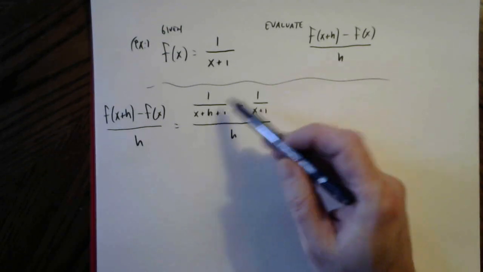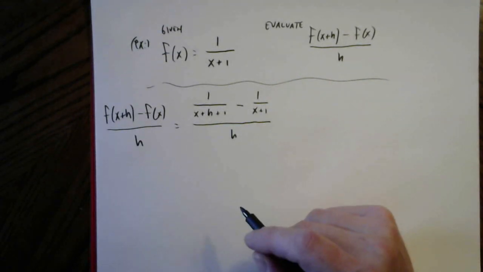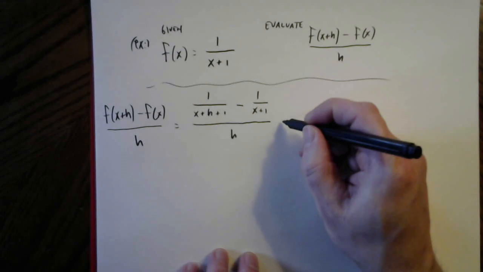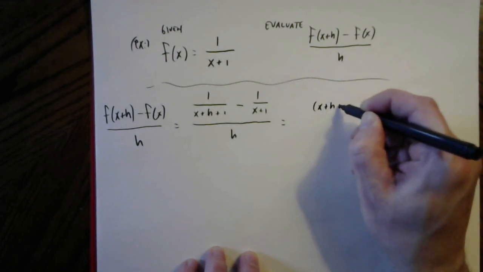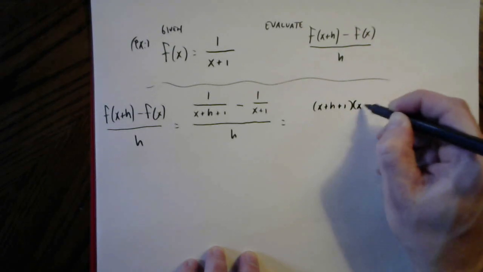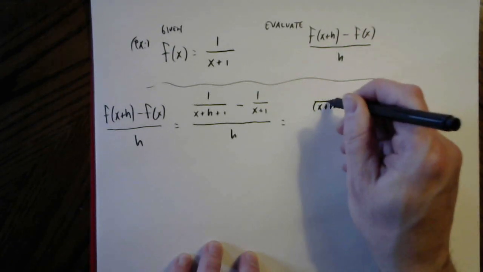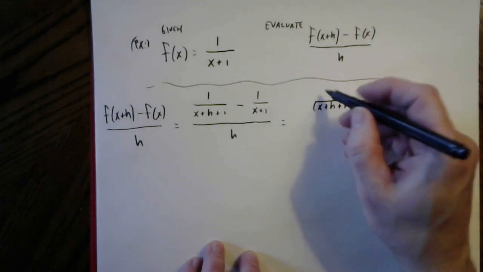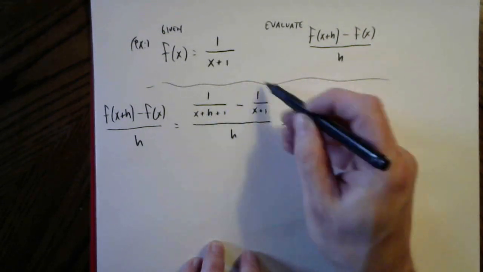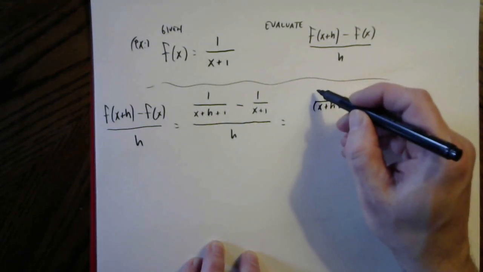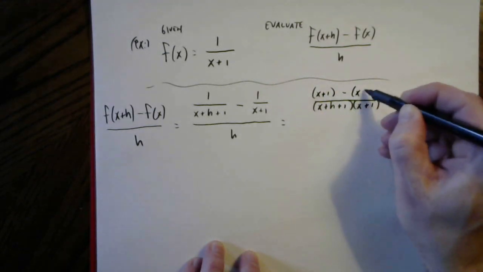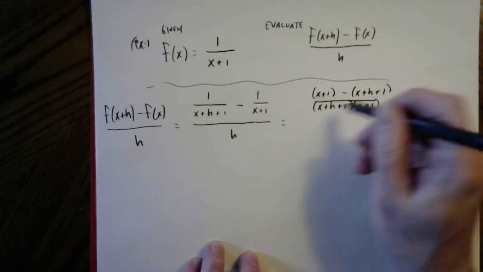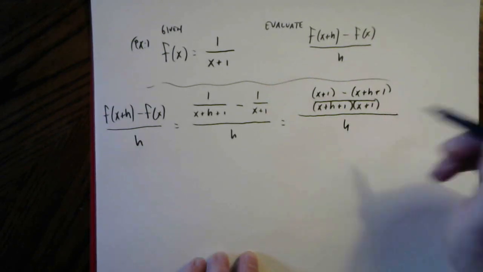To subtract fractions, I'm going to need to get the LCD, our old friend, and then I can combine this. So this will have x plus 1, and this will get x plus h plus 1. So this is x plus 1, x plus h plus 1, all over h.